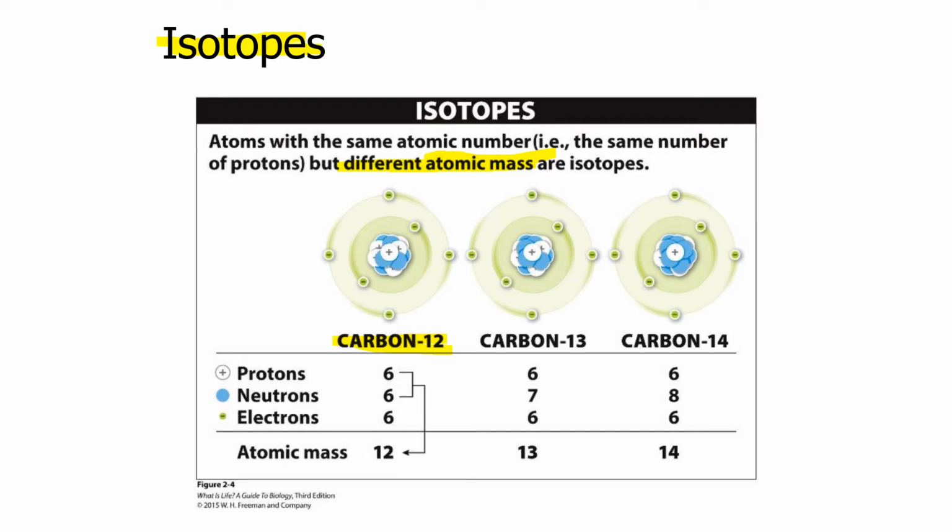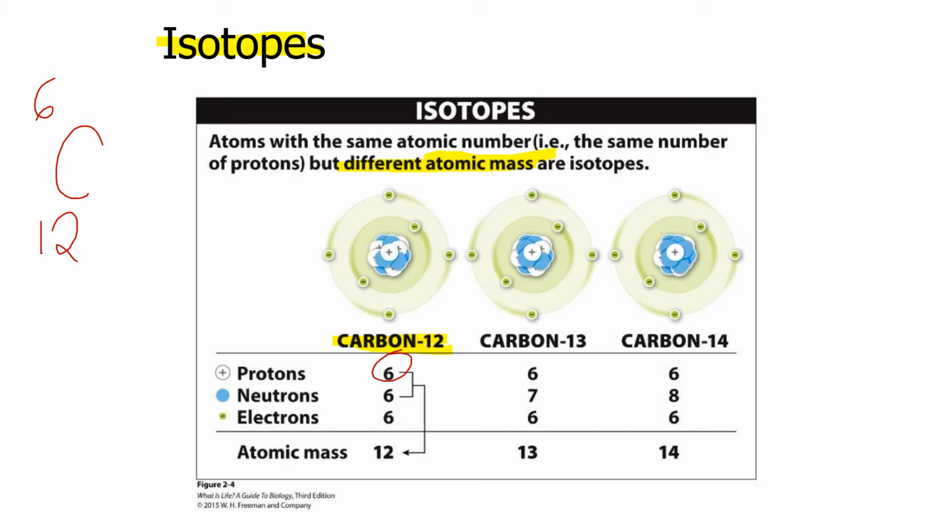If you look at carbon on the periodic table, you would find the symbol C. There will be a 6 up at the top, and a 12 on the bottom. That 6 up at the top is the atomic number, so you know that carbon has 6 protons.